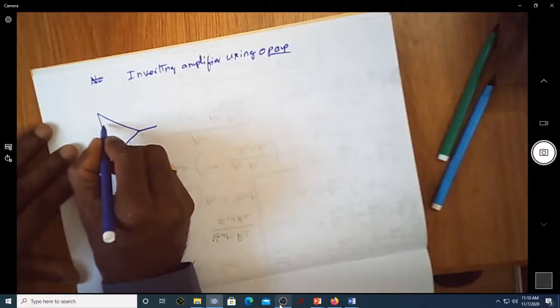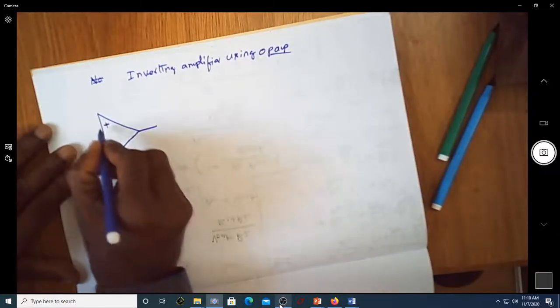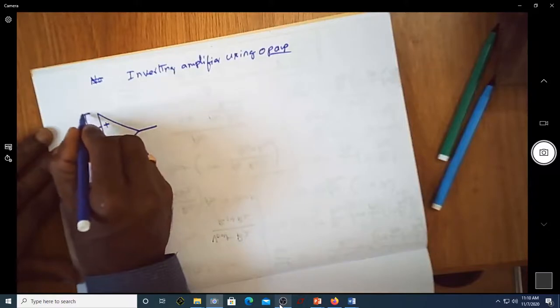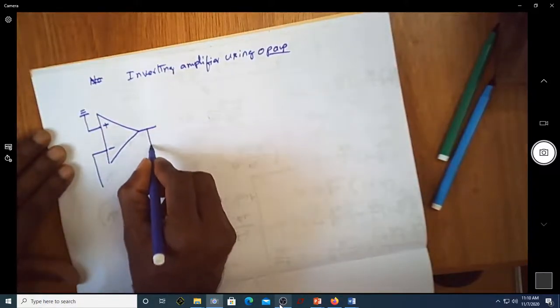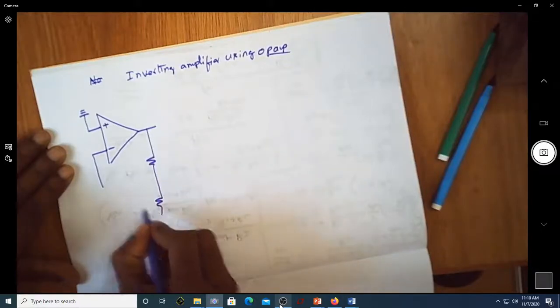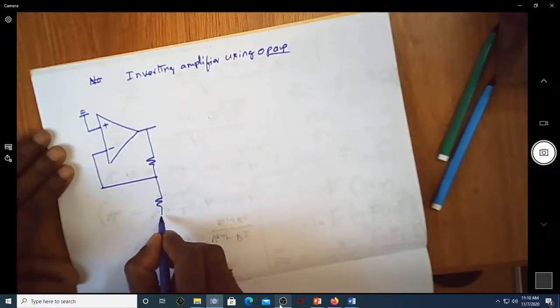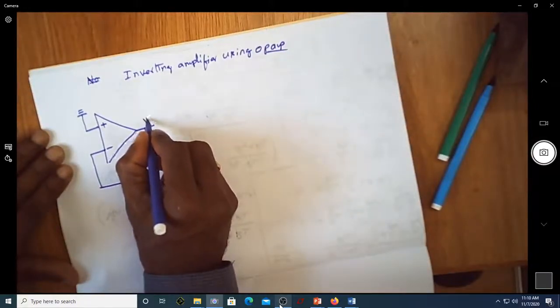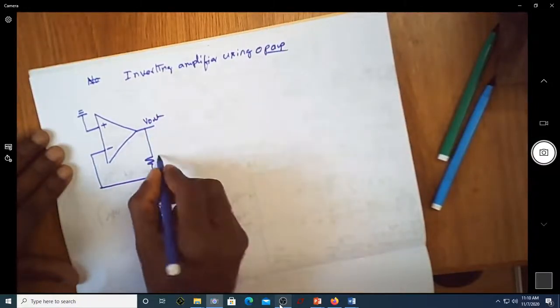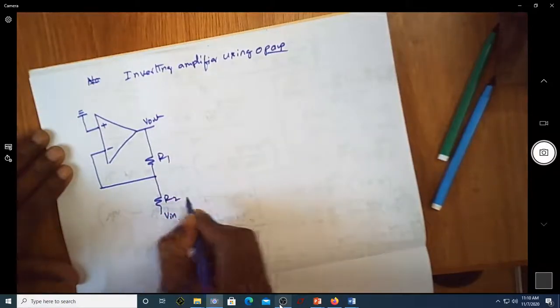This is now plus minus. You are grounding this. This is V in, and this we have as V out here. This is R1, this is R2.